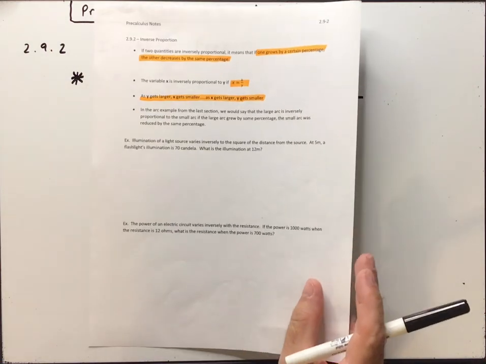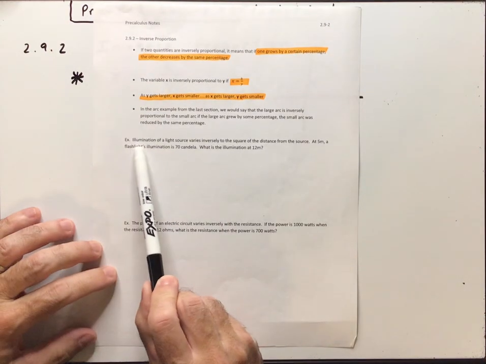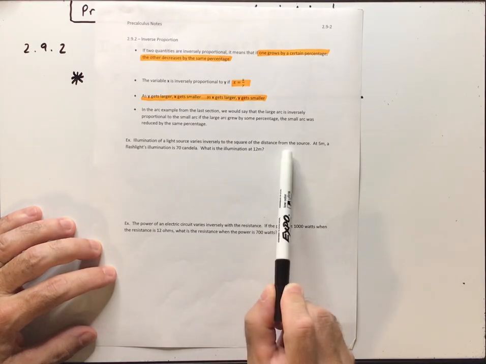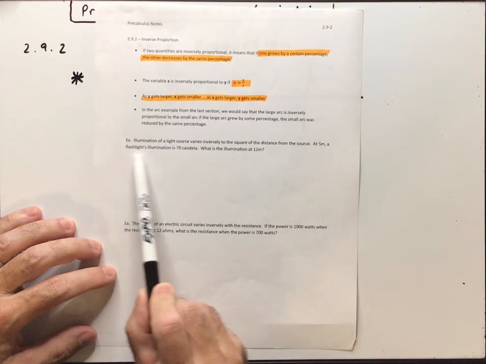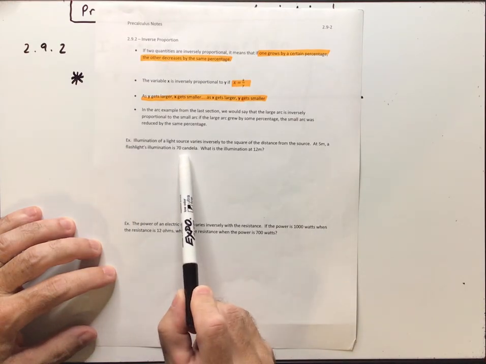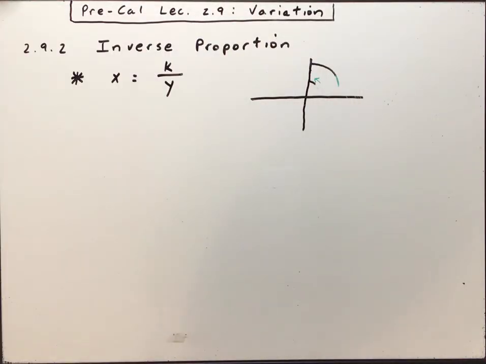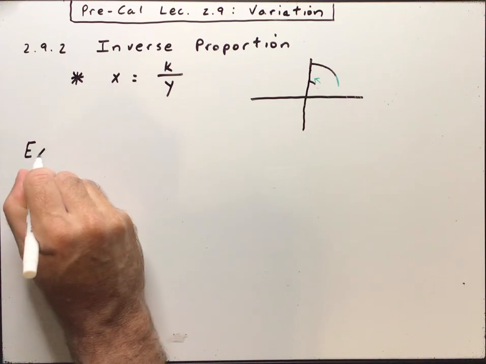So let's work a couple problems. All right, first example: illumination of a light source varies inversely with the square of the distance from the source. At 5 meters, a flashlight's illumination is 70 candela. What is the illumination at 12 meters? First, you've got to get an equation that's in this form.